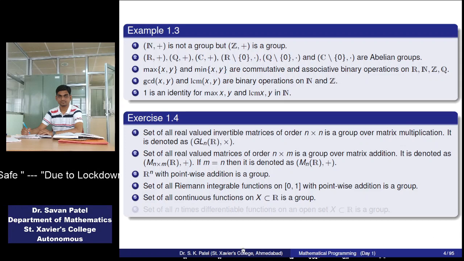Since we know that if f is continuous, g is continuous, then f plus g is continuous, so pointwise addition is a binary operation, and again the 0 function will be continuous and will be treated as identity element with respect to the pointwise addition, and the inverse of f is minus f, and if f is continuous, minus f is continuous. So all the properties are satisfied.